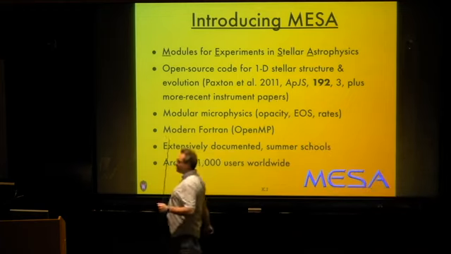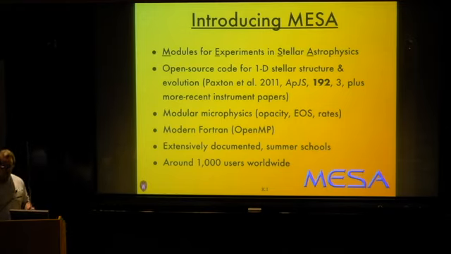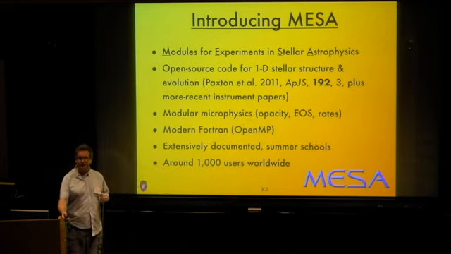Since then, there have been a number of instrument papers, as we call them, that discuss improvements to the code. I'm on all but the first paper, and I've been involved in the project since 2012. It's a very big project that brings together all sorts of fun bits and pieces, including state-of-the-art opacities, equations of state, nuclear reaction rates, and things like that.